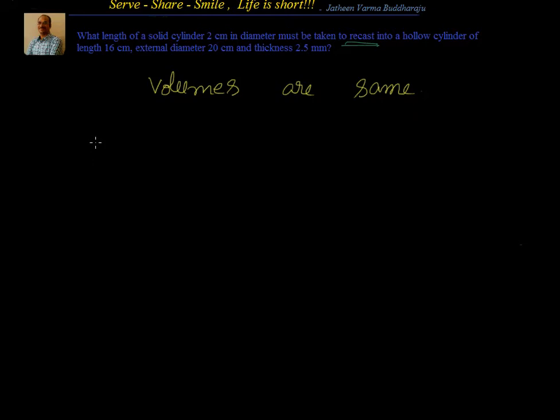So can I say R equal to 1 centimeter, and we don't know the length, that is H. To recast into a hollow cylinder of length 16 centimeter, so we know H1 is equal to 16 centimeter. What else do we know? External diameter 20 centimeter and the thickness is 2.5 mm.